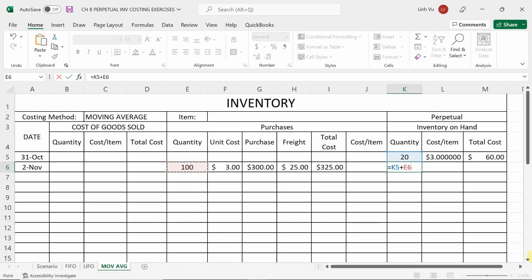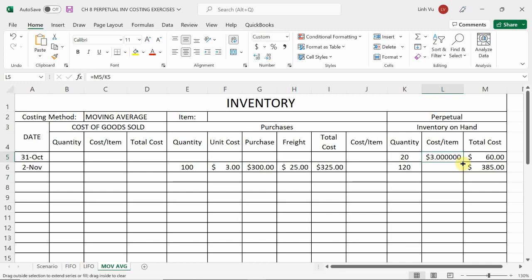That's 100 plus my beginning inventory of 20. 120, right? I just purchased the inventory, so how much should my new total cost be? 385. So therefore, my average cost per item is going to be $3.21.